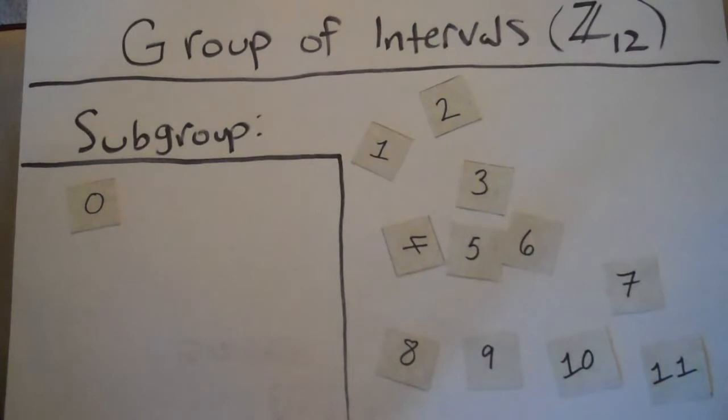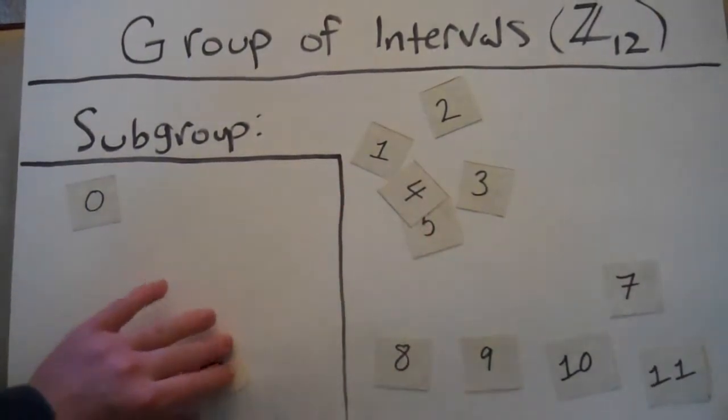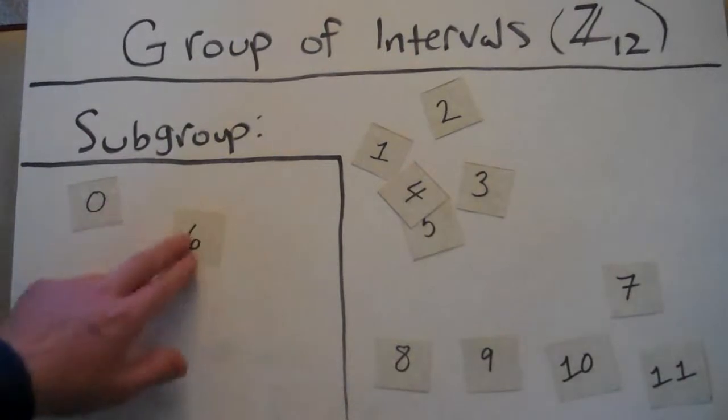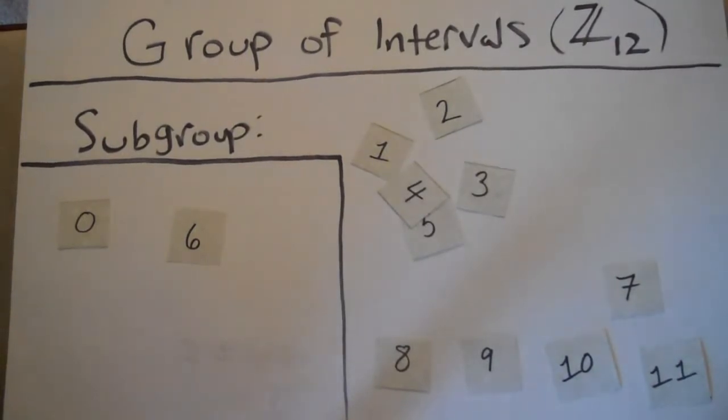If that weren't the case, one of the elements would have to have 2 inverse elements, and that's not possible. And the only other element that is its own inverse is 6, which is the tritone. If we look at what that means in just a moment, it becomes really interesting. But as for the other 2 elements, they obviously have to be inverse elements of each other.